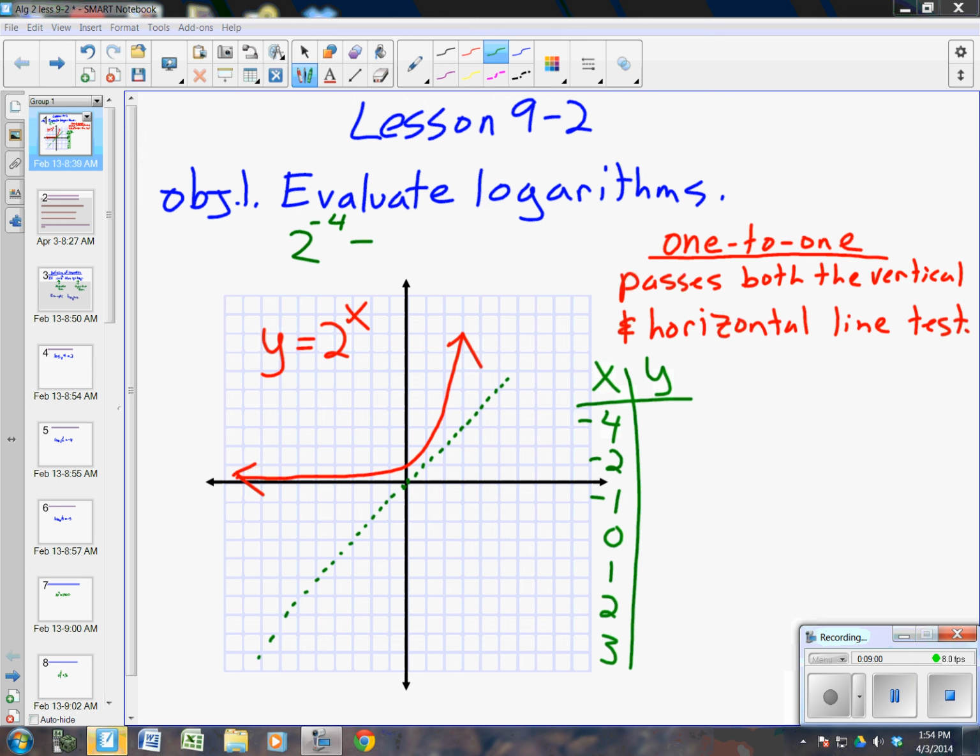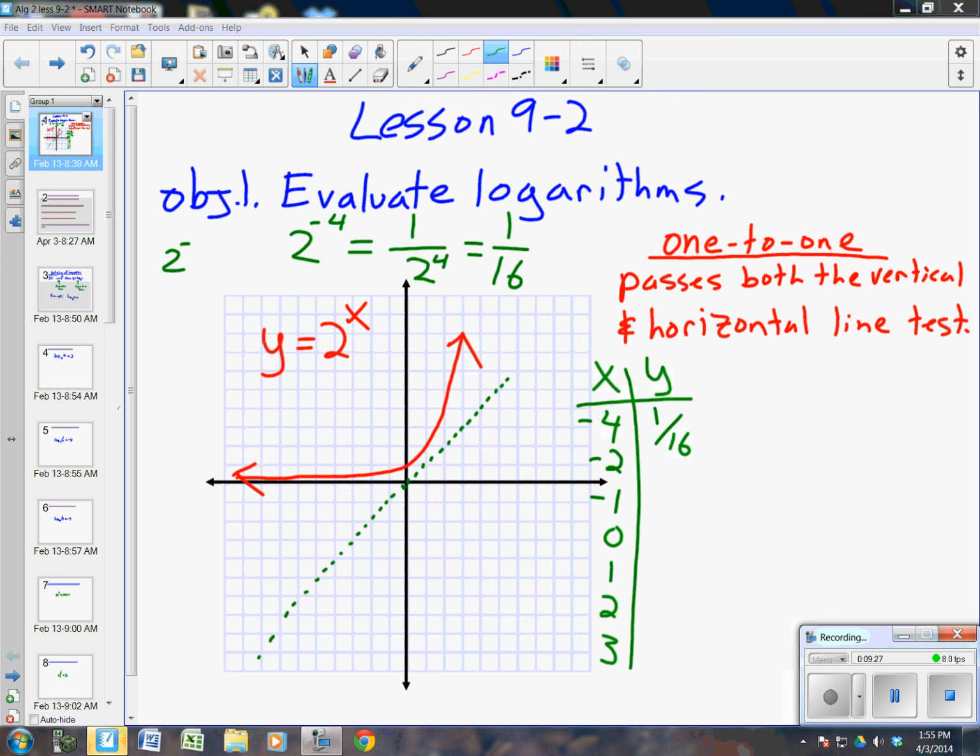It's 1 over 2 to the 4th power. Remember the rules of exponents if you have a negative exponent. And what is 2 to the 4th power? So it's 1/16.